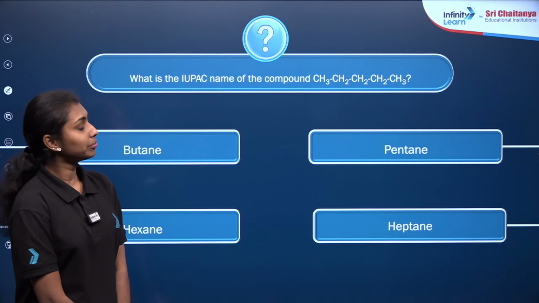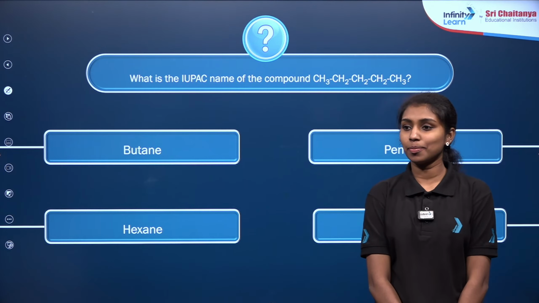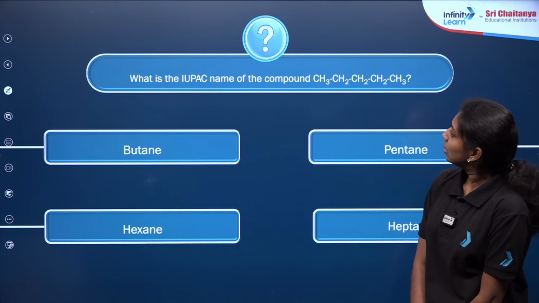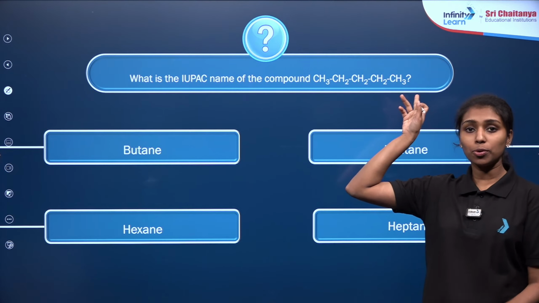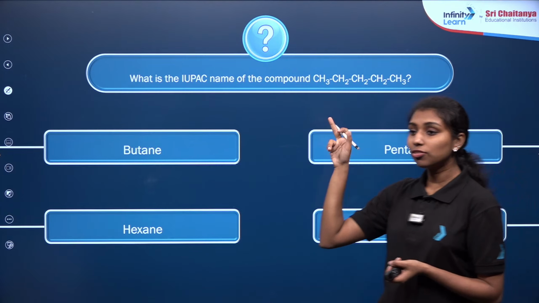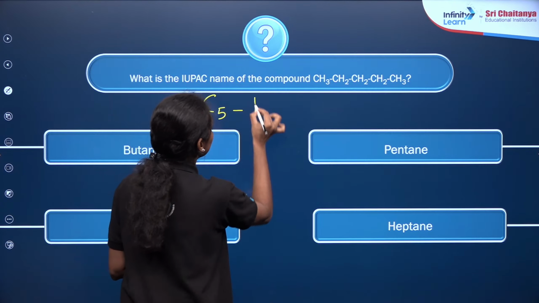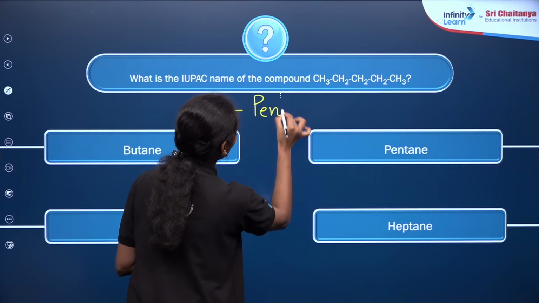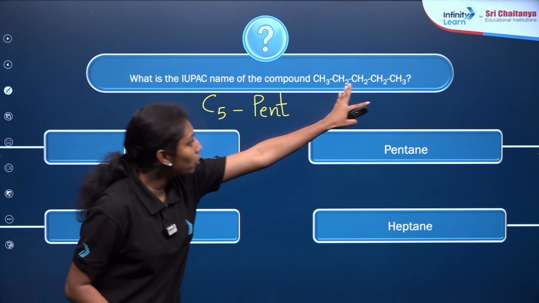Sandy, what do you think by seeing this compound? The longest chain is a 5 carbon compound, right? What will be the root word? C5 stands for pent, right? The table is very important to find out the root word. Only single bonds are present.